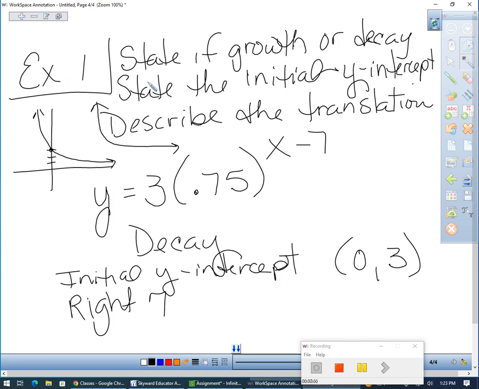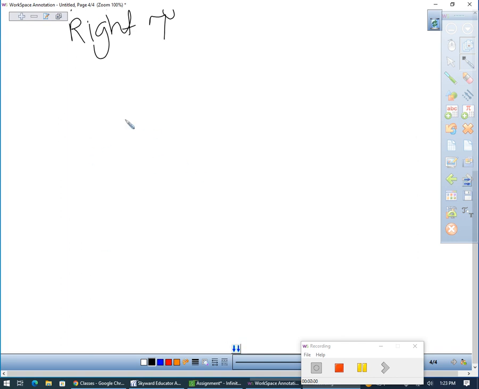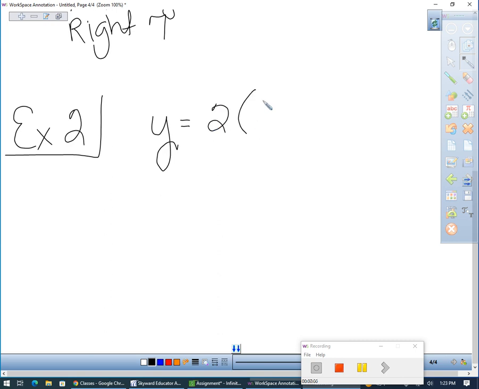So let's try another one. Same idea, all right? Let's say I have, for example, number 2. Again, I want you to state if it's a growth or decay, state the initial y-intercept, and then describe the translation. So let's go with y equals 2 times 1.7 to the x, and then let's go plus 5.